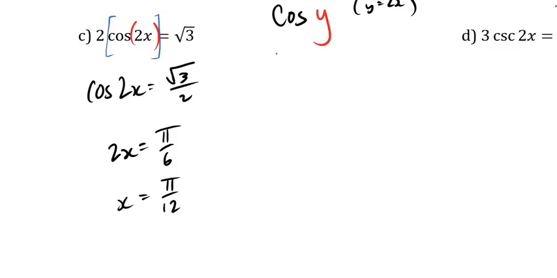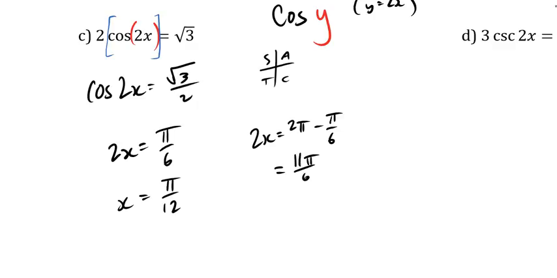So CAST, in the second quadrant, so then I also get 2x equals 2 pi minus pi by 6, right? My related angle. Everybody okay with that? So that's 12 pi by 6 minus 1 pi by 6, that's 11. I always do that. 11 pi by 6. Happy with that?